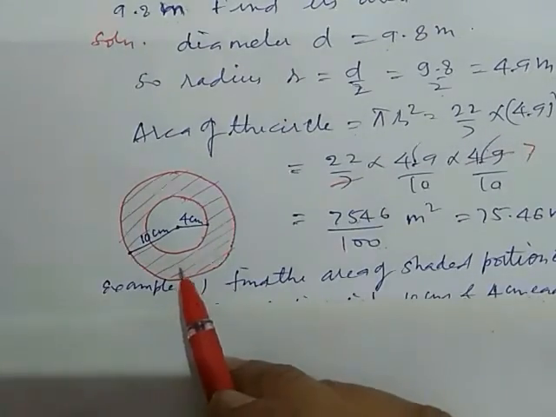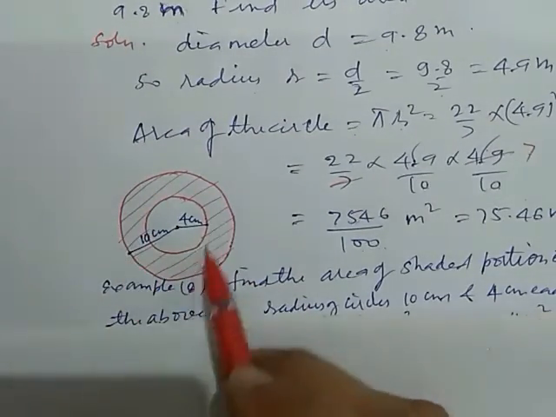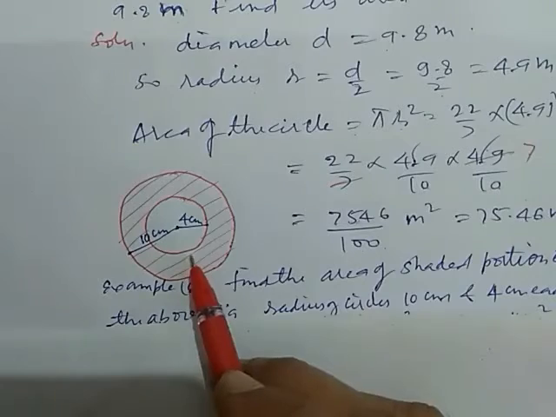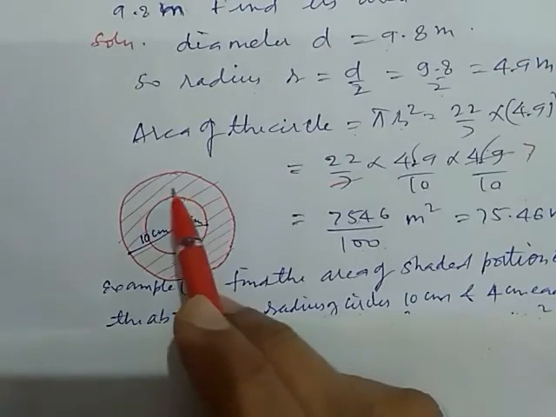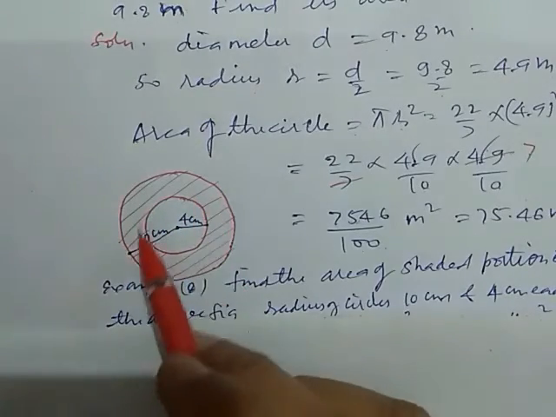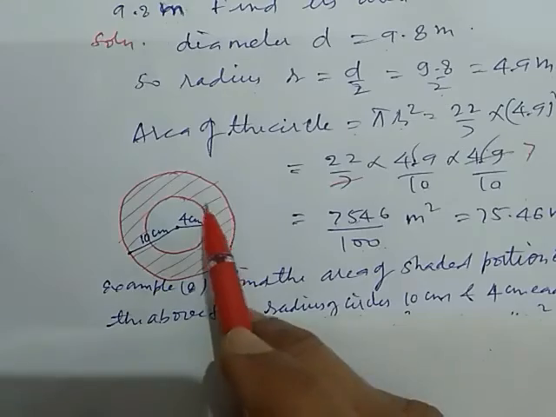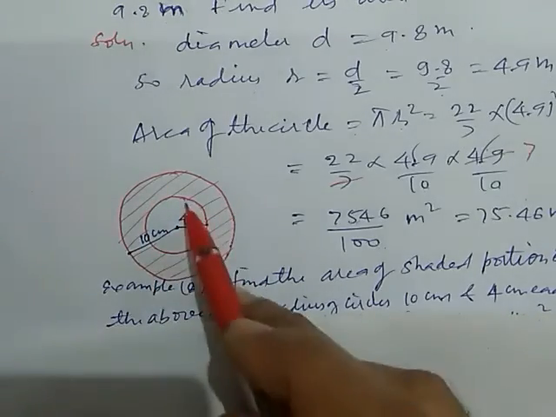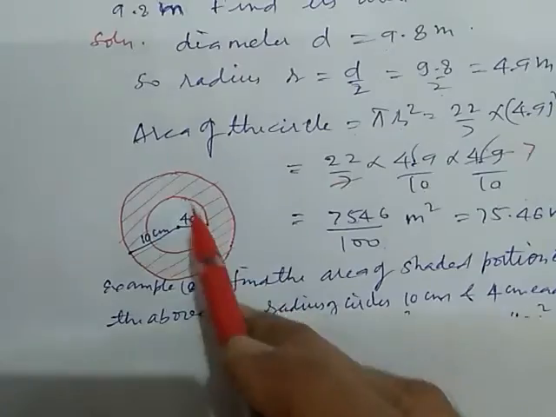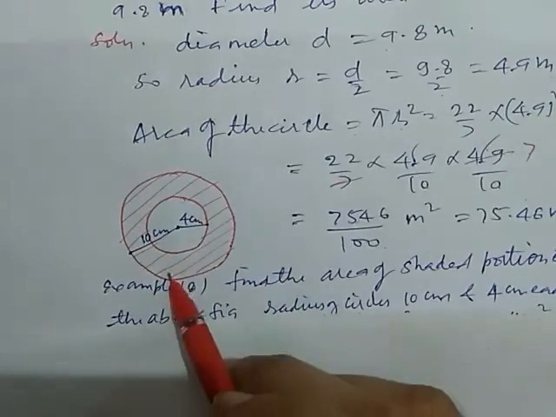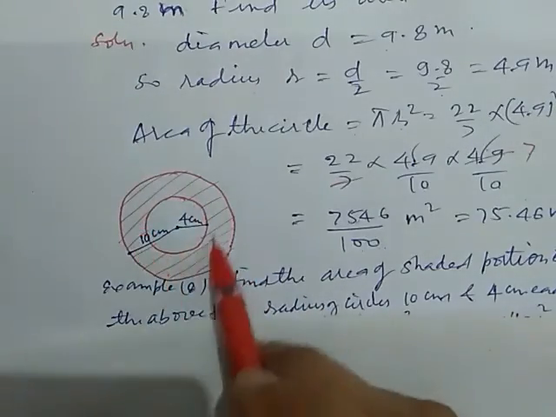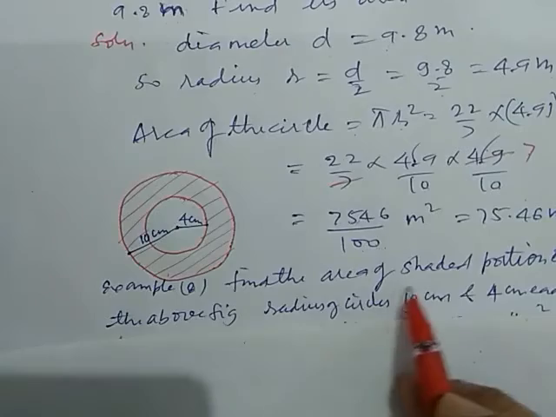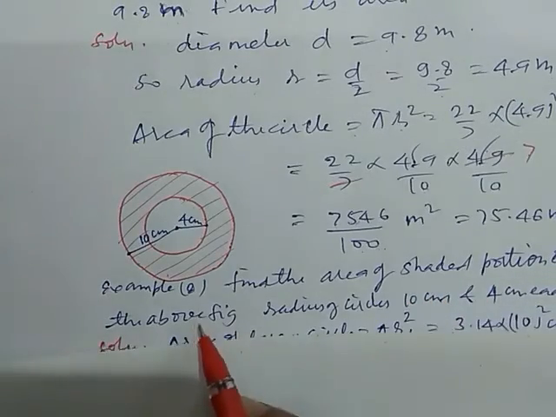Now we have been given a figure in which the shaded portion looks like this. Here is the larger circle and here is the smaller circle, and they both make the shaded portion. So what do we have to do? Find the area of the shaded portion of the above figure.